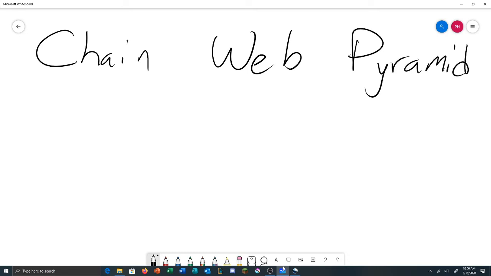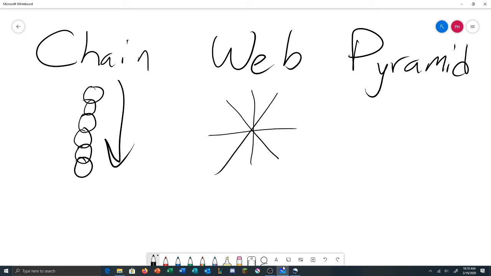What does that mean to you? Well, a chain, if you think about a chain, close your eyes, and it's a little link. Those little metal links that go together, it's in a single path. It goes straight down. A web, on the other hand, there's a certain Marvel character that uses these. Look at all of these paths that could be taken.